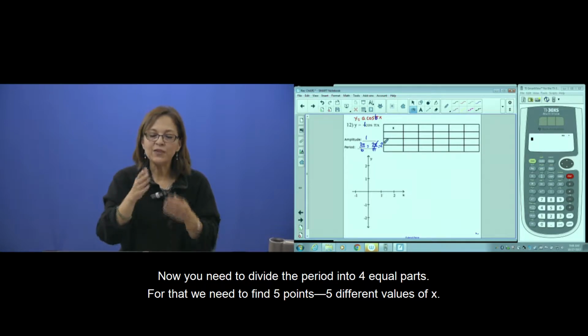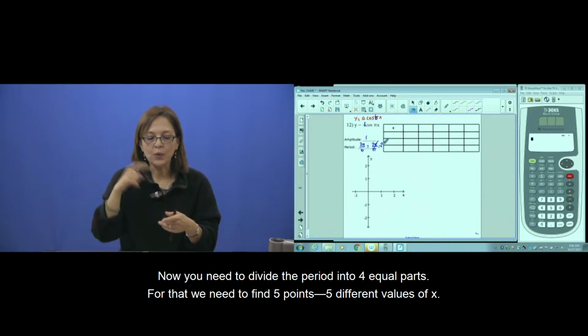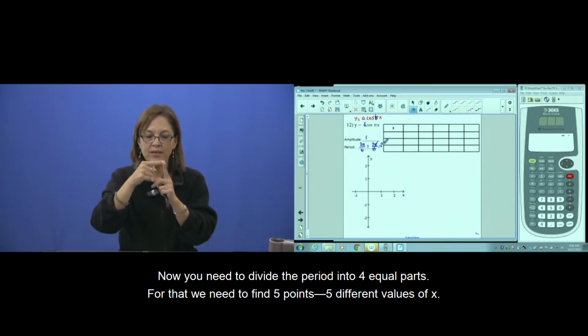Now you have to divide the period in 4 equal parts. For that, we need to find 5 points, 5 different values of x.